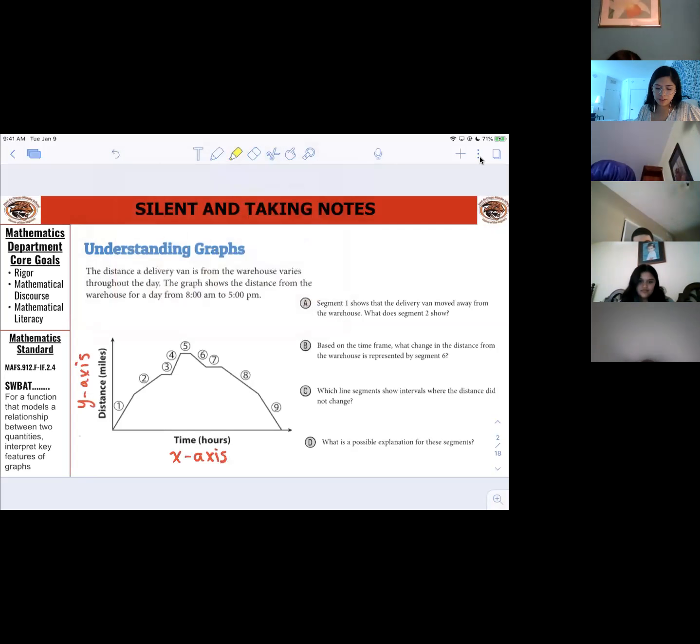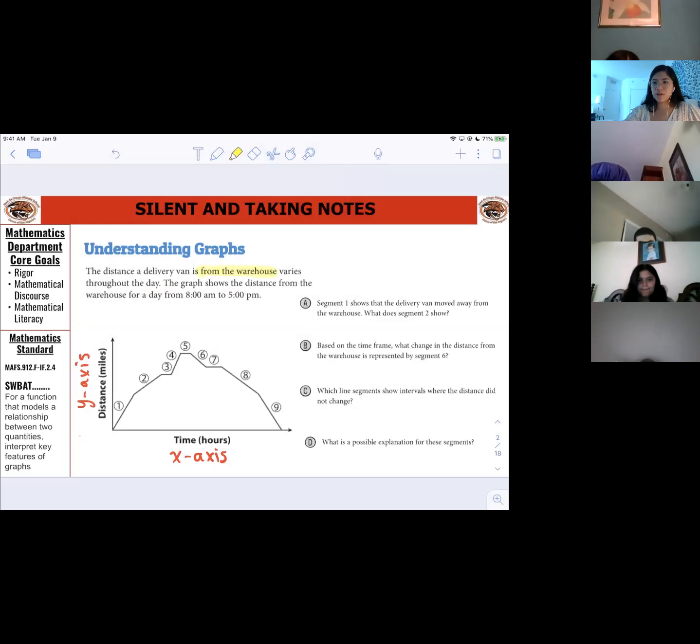Look back to the words. The warehouse. From the warehouse for a day. Good. You got it. So we're kind of looking at a graph of where that van is located throughout the day.